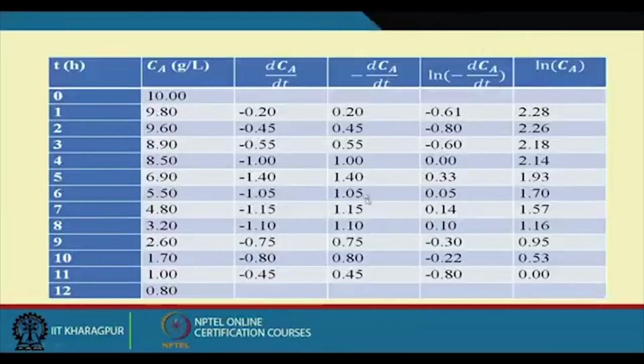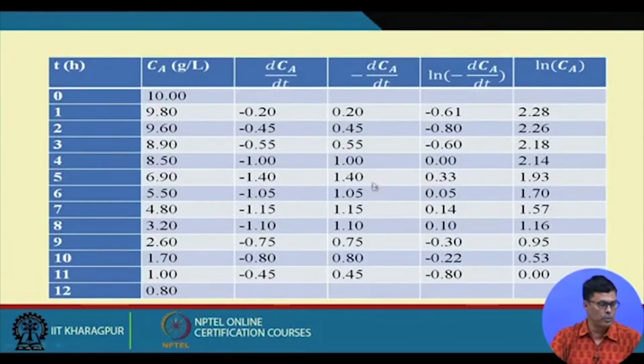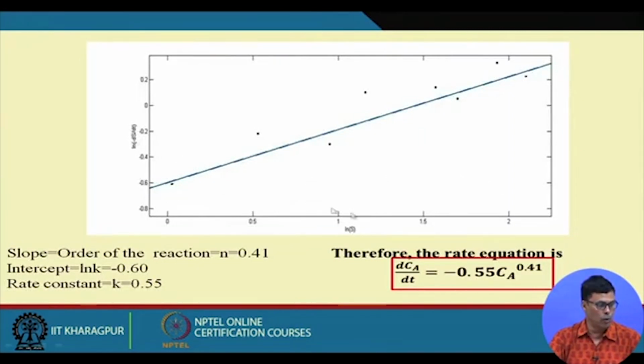This is how this table has been prepared. We have these values, then we take the log value, and log Ca value is given there. Then we use log graph paper, we plot this, and we find out the K value is 0.55 and the n value is 0.41, so your equation is coming like this.